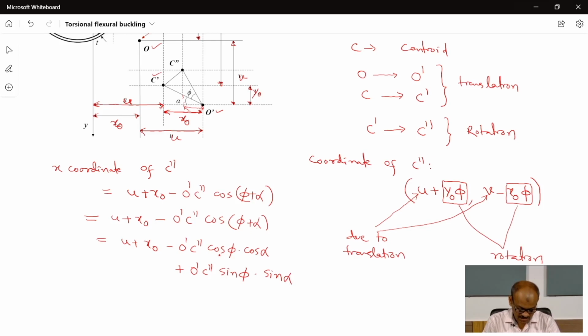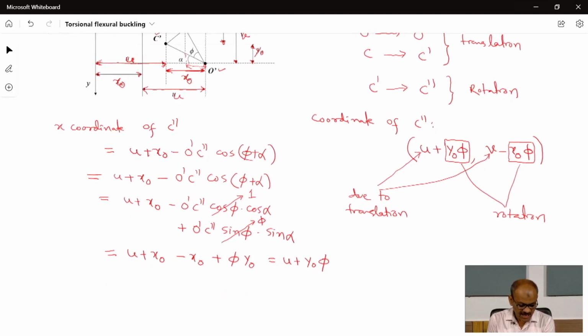As phi is very small, cos phi is equal to 1 and sin phi is equal to phi. Finally, it will be reduced to U plus X naught minus X naught plus phi into Y naught. So it will be U plus Y naught phi.